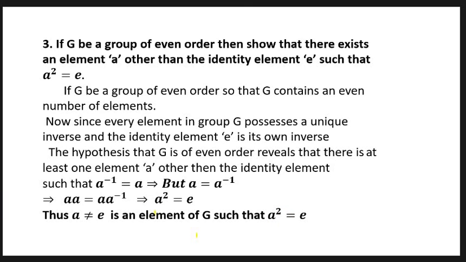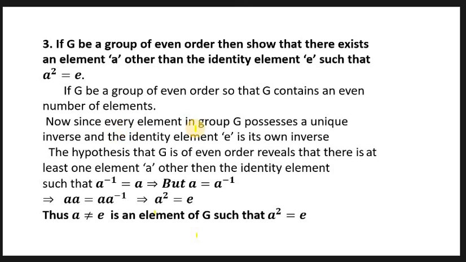See, in this problem, if G is a group of even order, then show that there exists an element A other than the identity element E such that A square is equal to E. G is a group of even order, so it contains an even number of elements.